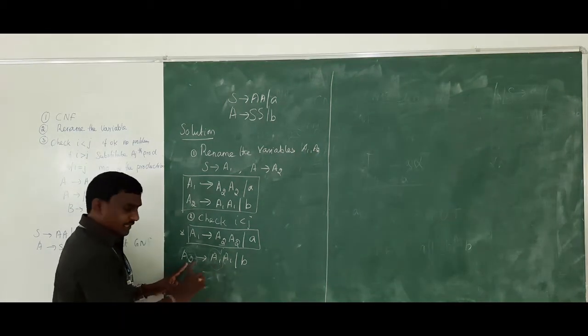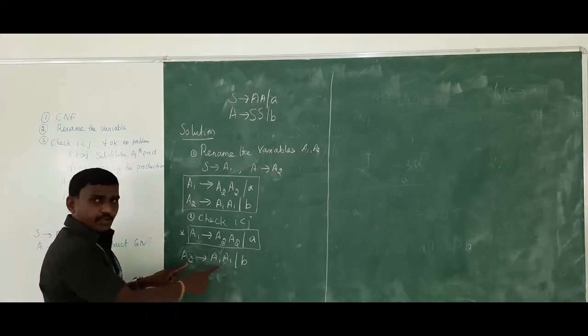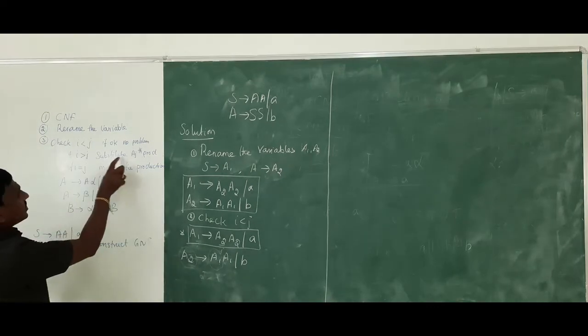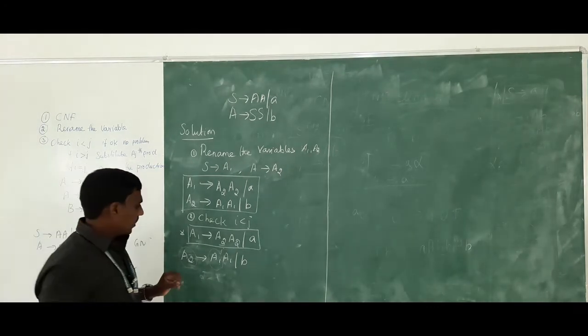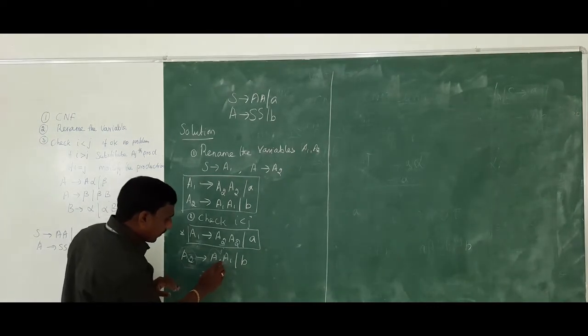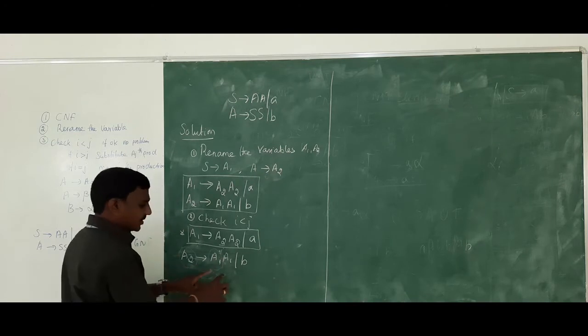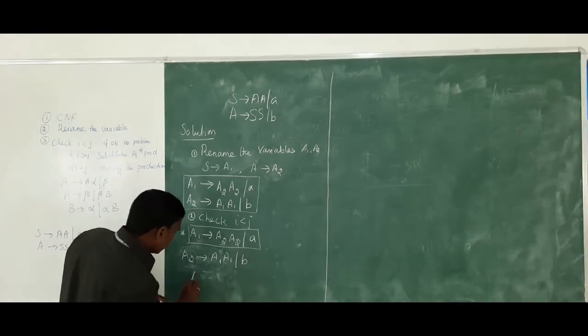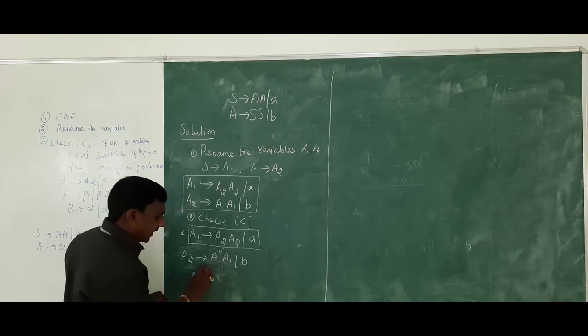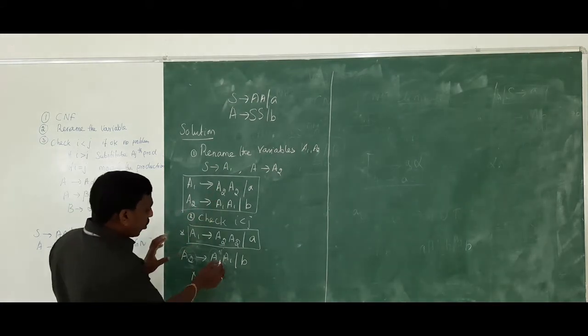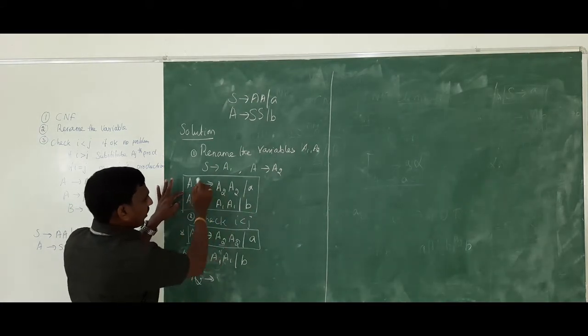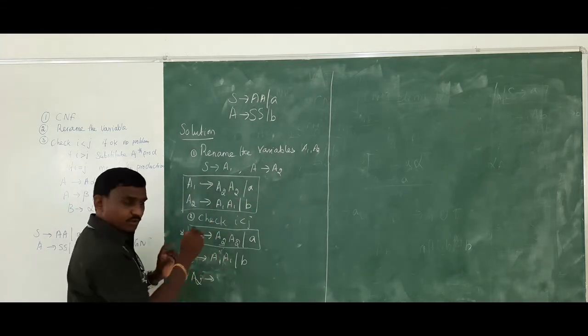See, if i is greater than j, substitute the jth production. So the jth production means A1. So A2 tends to, in this place, I want to substitute the A1 production, that is the jth production, here.